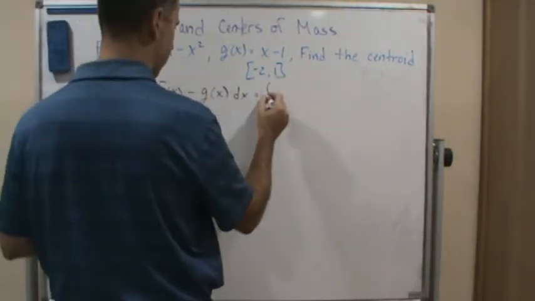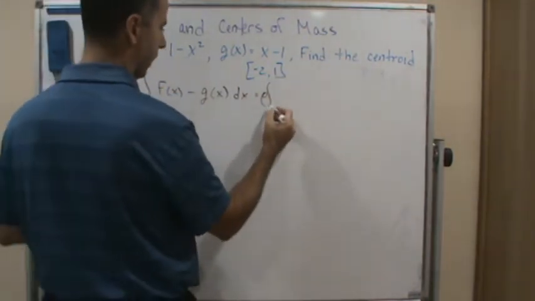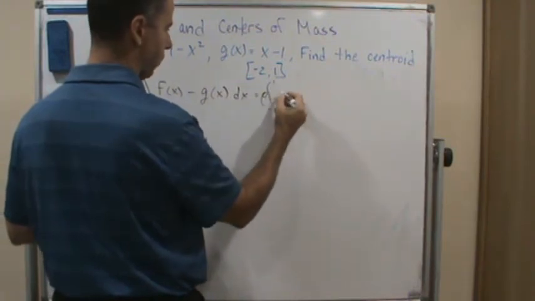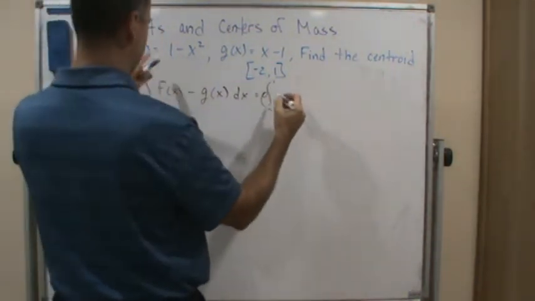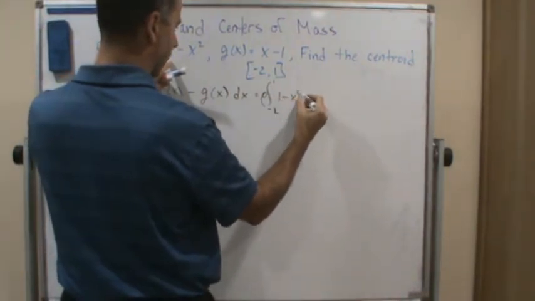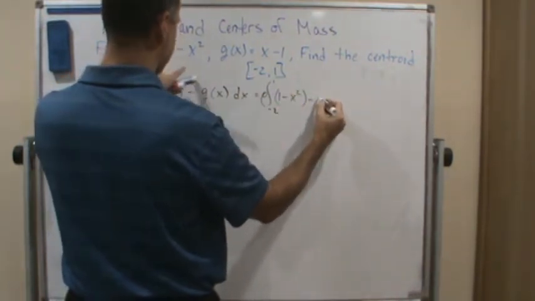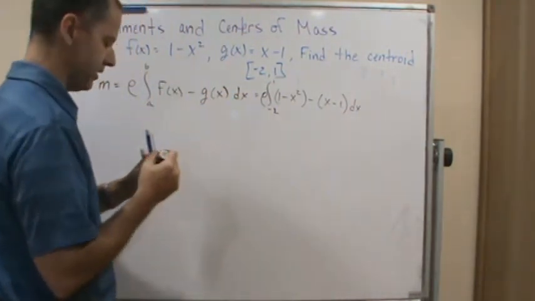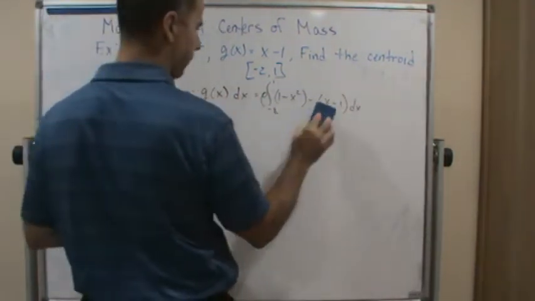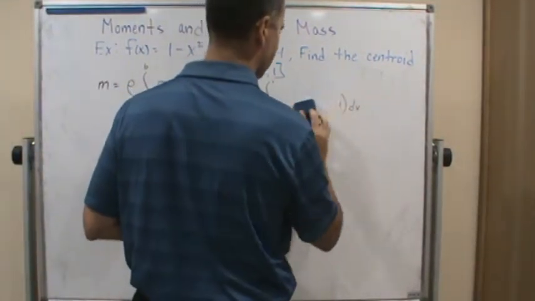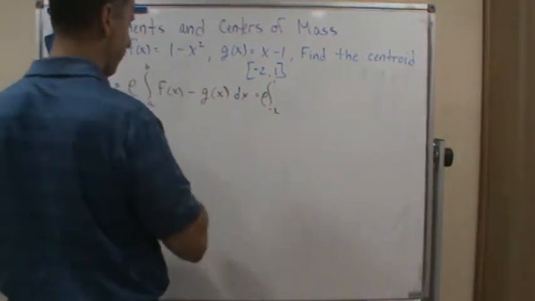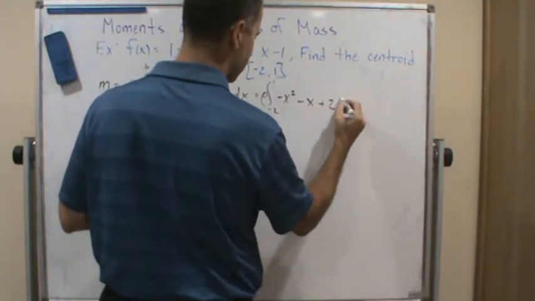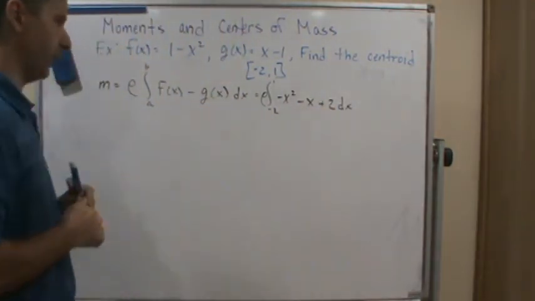And so this is going to be rho times the integral from negative 2 to 1 of 1 minus x squared minus x minus 1 dx. But we just did that, right? So we know what that is going to be. If we simplify this, we get negative x squared minus x plus 2 dx, okay?